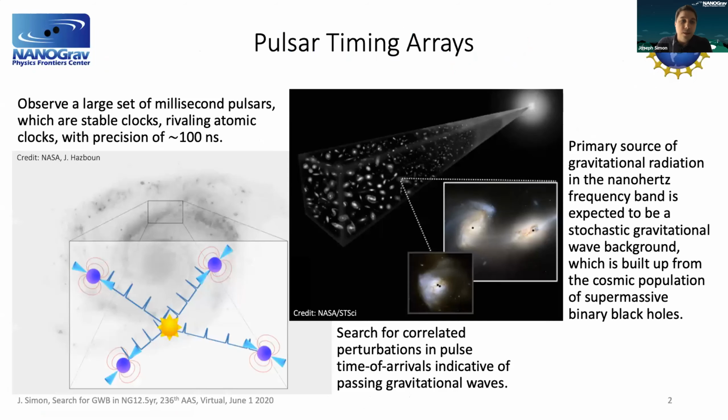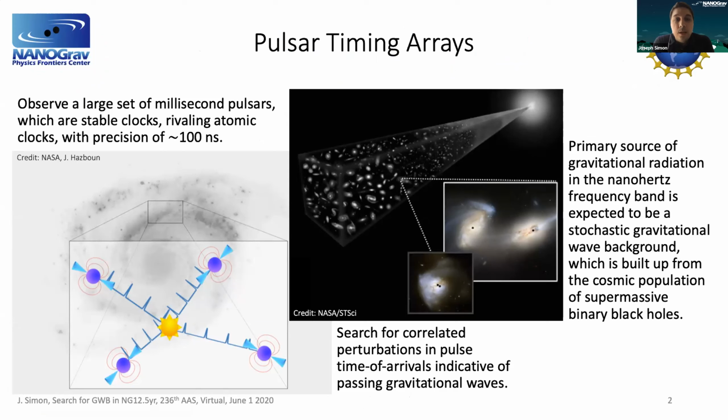Pulsar timing arrays are a galactic scale gravitational wave observatory, and we create this observatory by monitoring an array of millisecond pulsars, which are really accurate and stable clocks.